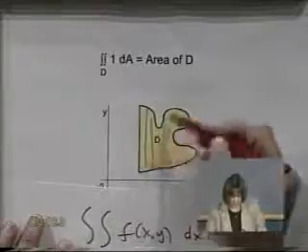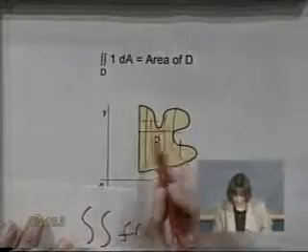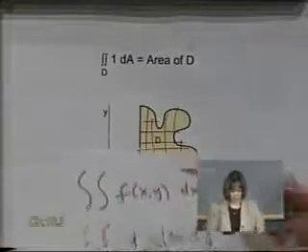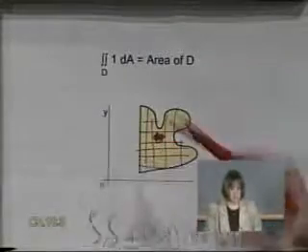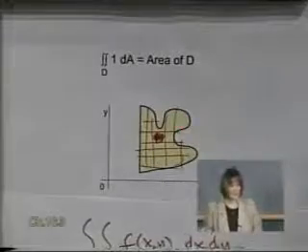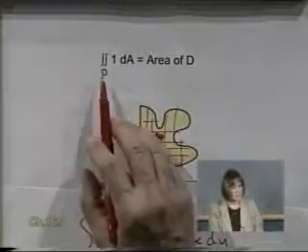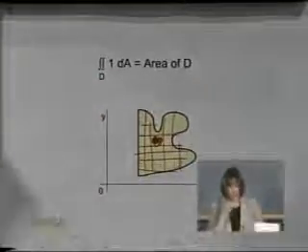You break this up into your little pieces, for each one, if you go delta x delta y, you're just finding the area of that one little region. You sum them all up, you're just finding the area of the region. So you can use a double integral to find the area of a region.